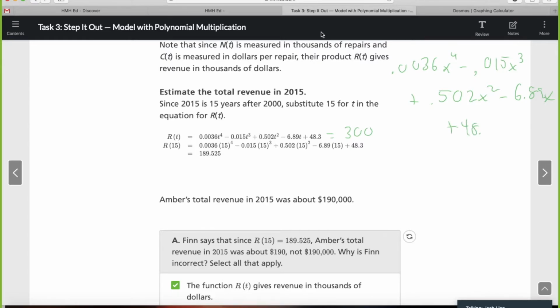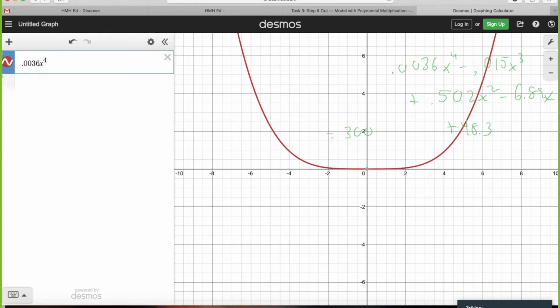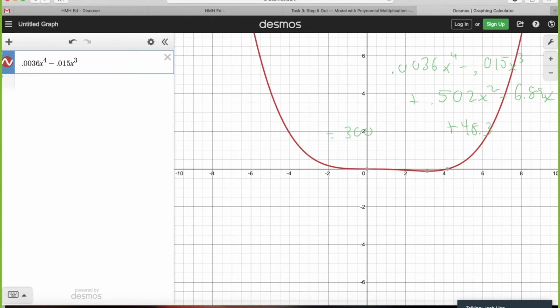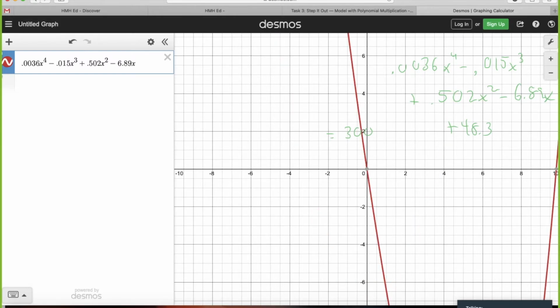Okay, so I'm going to type that in. 0.0036x to the power of 4 minus 0.015x to the power of 3 plus 0.502x to the power of 2 minus 6.89x plus 48.